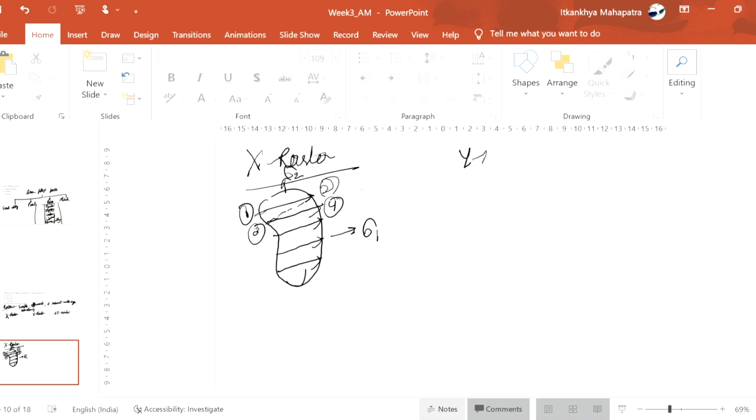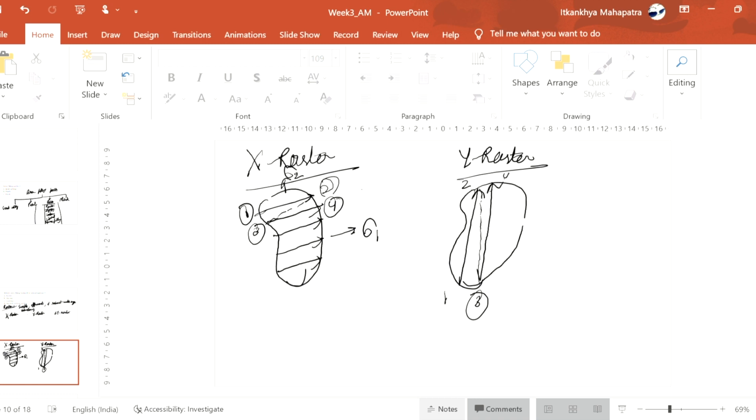Now for y raster, the tool will travel from 1 to 2, then it will come in air to 3, and then it will again travel to 4. Similarly this will be done.